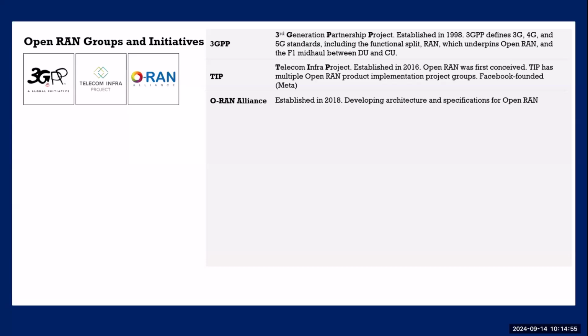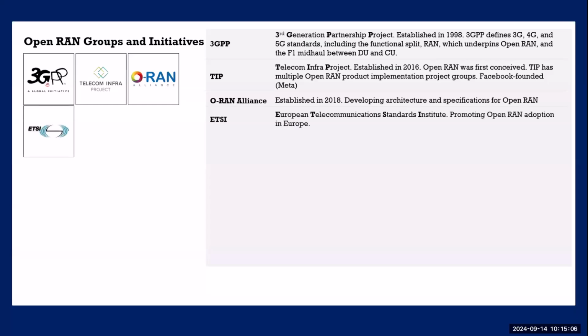So later on, makikita nyo nasa inyong mga specifications na yan. Lalo na yung mga bagong interfaces na gagamitin natin sa Open RAN architecture. Nandiyan din si ETSI, the European Telecommunications Standards Institute, that promotes Open RAN adoption in Europe. Yeah. So you will hear these familiar organizations, right?